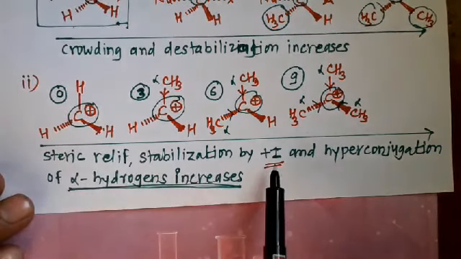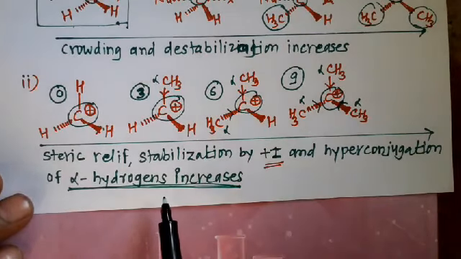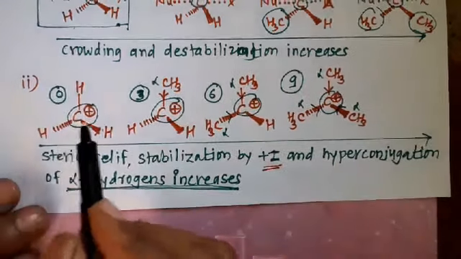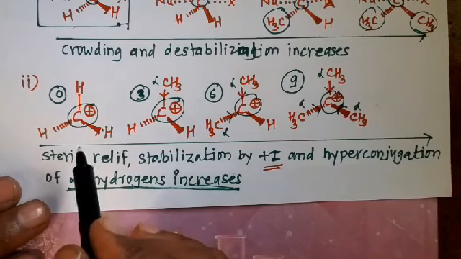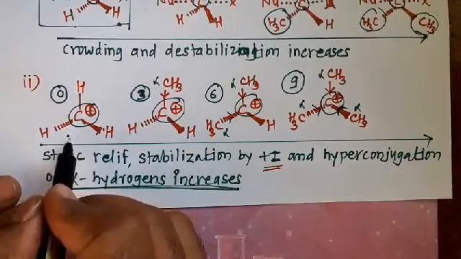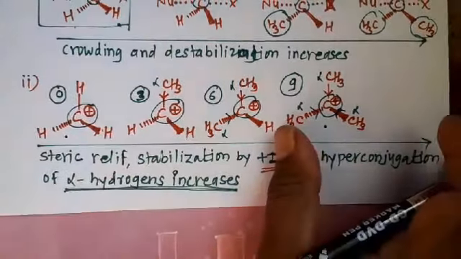Stabilization is also due to the positive inductive effect and hyperconjugation of alpha hydrogens. Hence, stability also increases, and we conclude that the SN1 reaction mechanism is least favored for the first structure and more favored for the last structure.